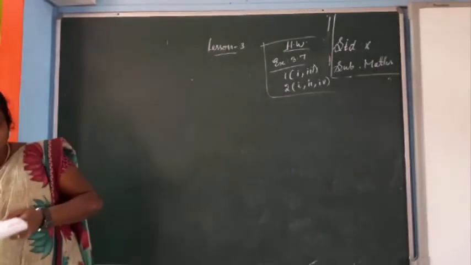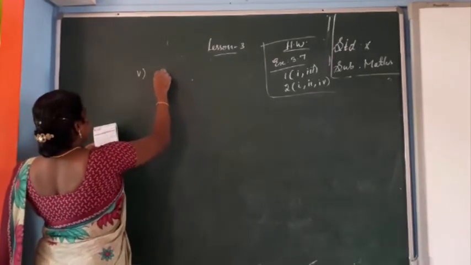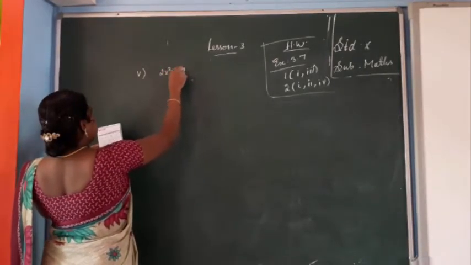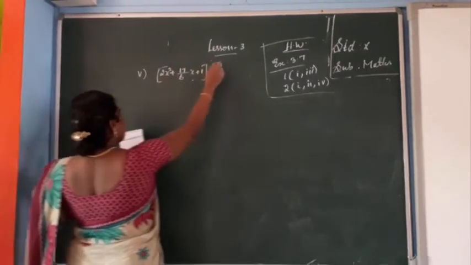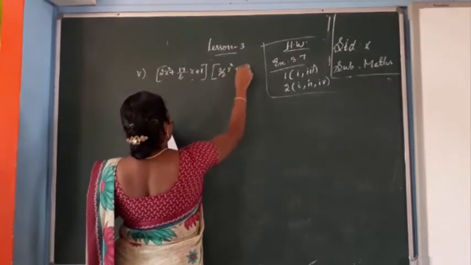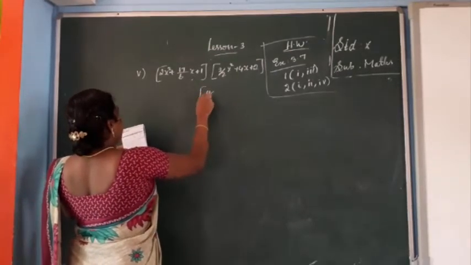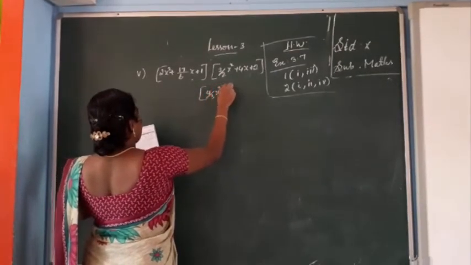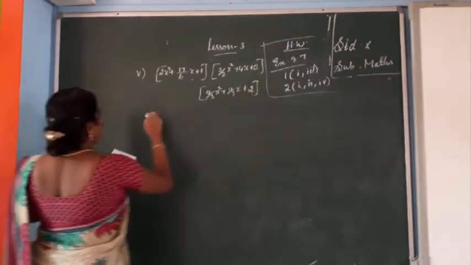Okay, next one. So fifth one, 2x square plus 17 by 6x plus 1 into 3 by 2x square plus 4x plus 2 into 4 by 3x square plus 11 by 3x plus 2. Okay, now solution.